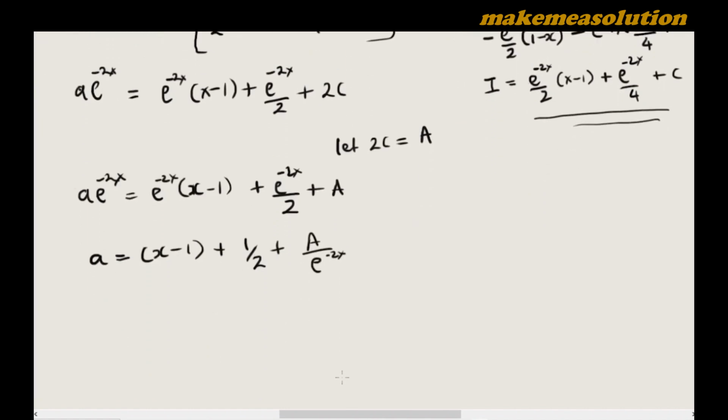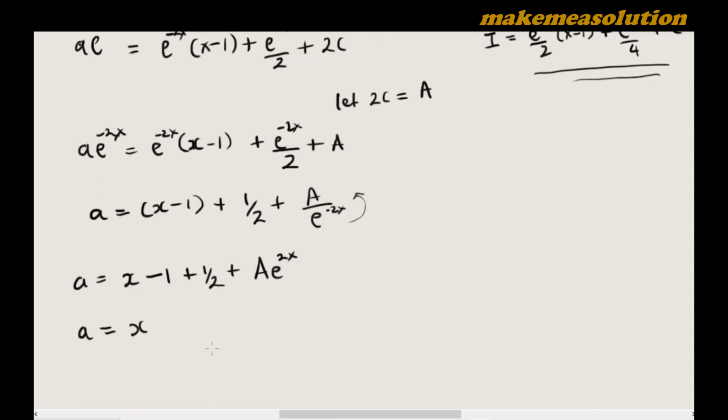And if you wrap this up, you're going to get a is equal to x minus 1, then plus 1 over 2, then you now have plus a exponential 2x. Of course, when this one comes to the numerator position, the sign changes. So a is now going to be x minus 1 plus 1 over 2 gives us what? It gives me a minus 1 over 2, then plus a exponential 2x.